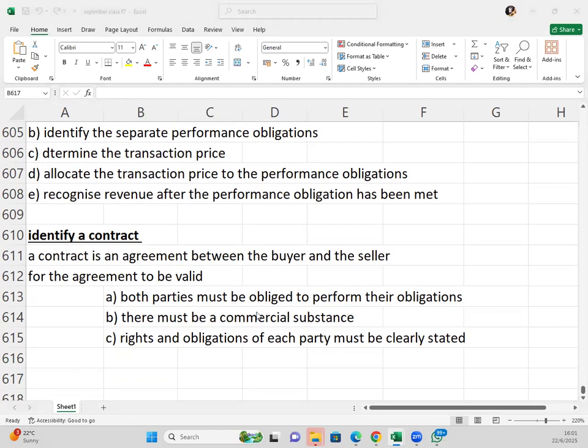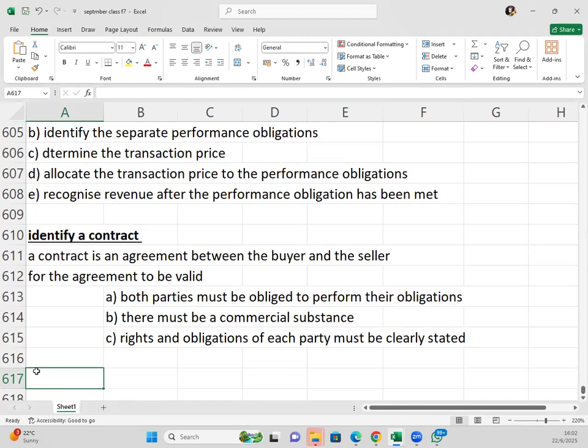So if there is a valid contract, in some cases, they've entered into this contract, but maybe the other party is a non-contractual party, or there is no commercial substance. So that contract can cease to become a sale. Why? Because the conditions for us to recognize it as a sale are not present.